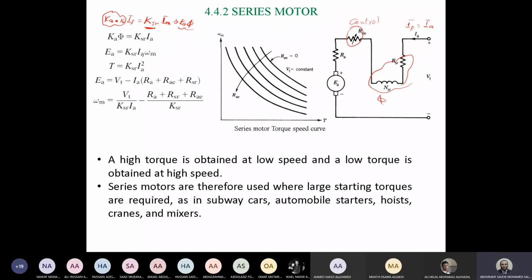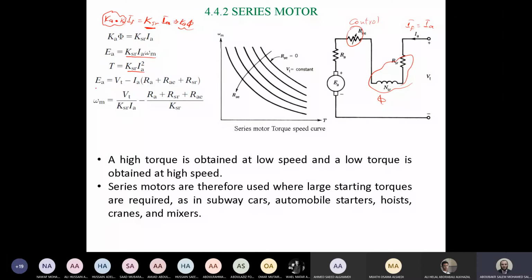So replace Ka phi by K series IA multiplied by omega. For the torque, similarly, for separately excited, torque was Ka phi multiplied by IA. So replace Ka phi by K series IA. The relation now will be K series multiplied by IA squared. So these are the relations now for EMF and torque.